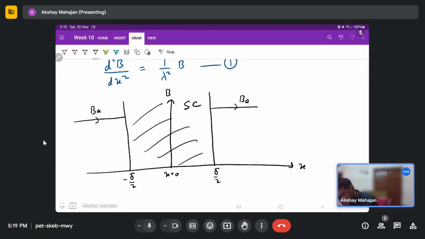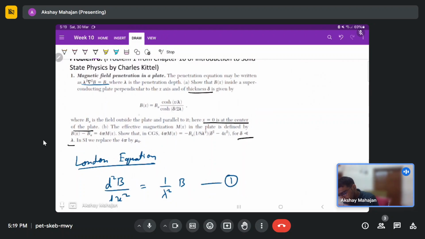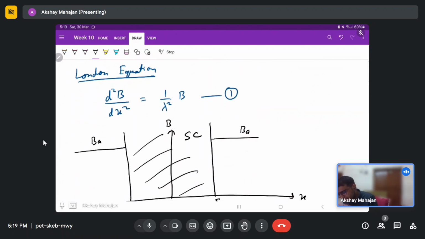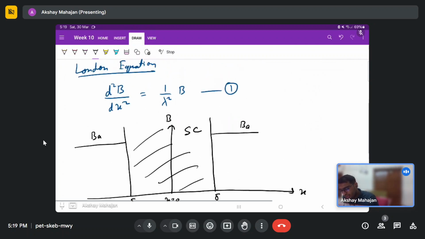So your magnetic field is B_a outside your superconducting plate, and we have to show that inside it is given by this. We know that inside, the magnetic field follows the London equation, equation number 1.